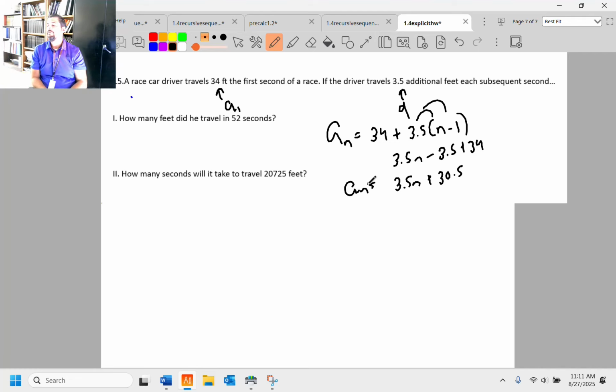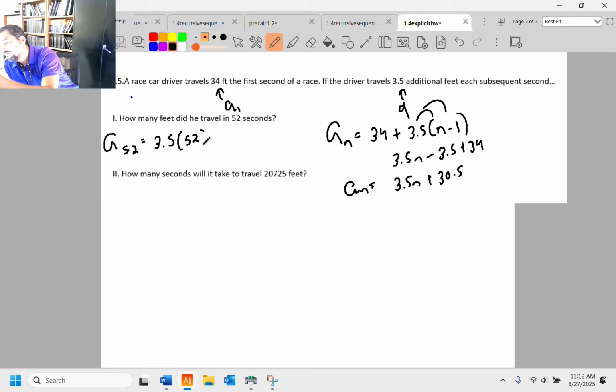If I want to know how many feet he traveled in 52 seconds, by God, I'm going to feed 52 to that thing. a sub 52 is 3.5 times 52 plus 30.5. What's that going to be? 150, 176, 206.5. I feel like that's 206.5.